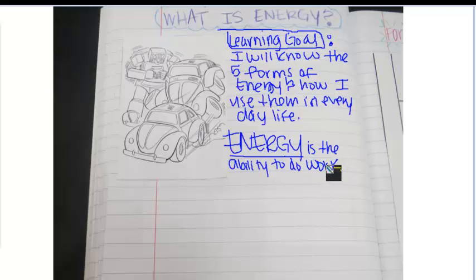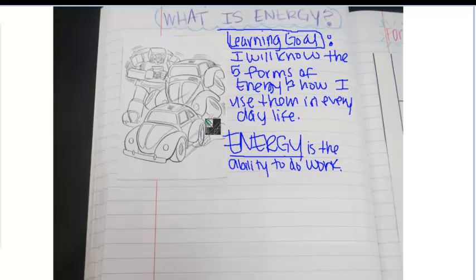And work, it's not just working on a test or, I'm a teacher, that's my job, it's my work. Work is just anything we do. It could be as simple as picking up my pencil, that requires work, or writing on this Mimeo, that requires work. You getting out of bed requires work. So the ability to do work is energy. If I don't have energy, then I can't do the work. So that's what I mean when I say energy is the ability to do work.